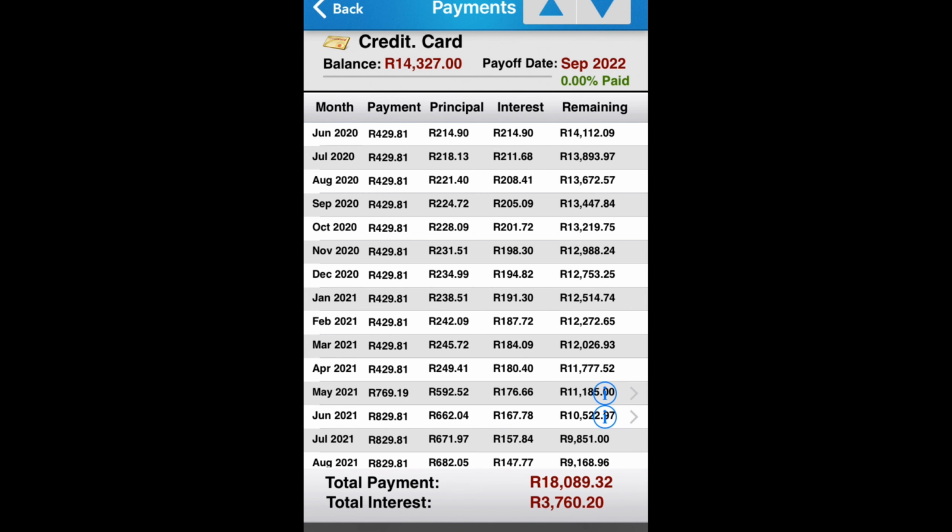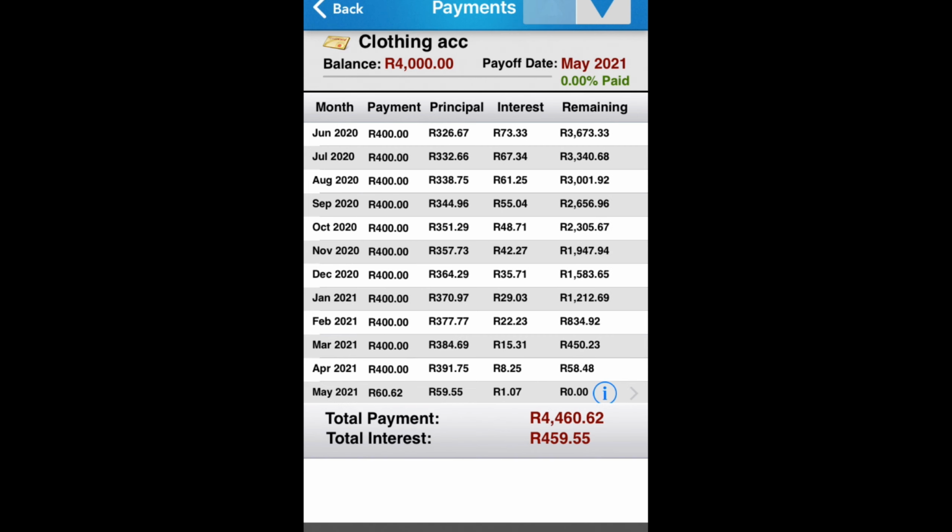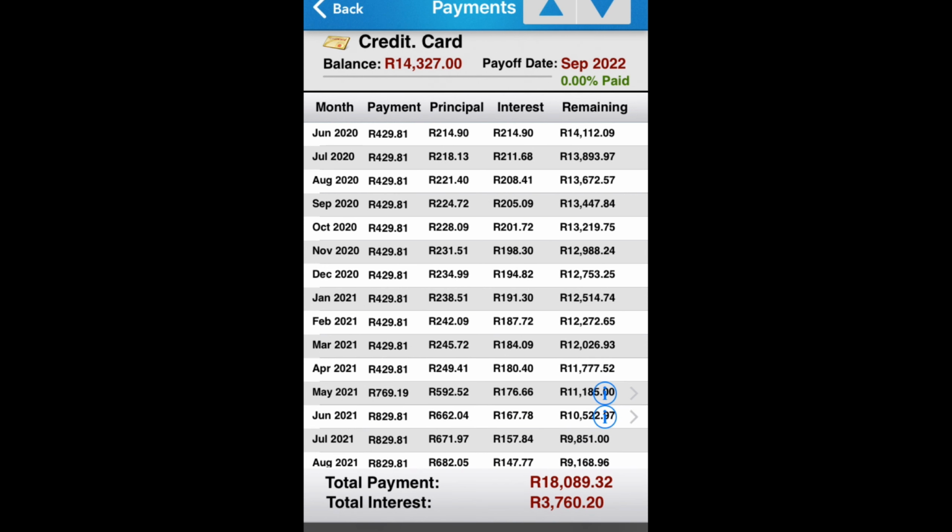Once you finish it, as you can see here on the credit card, you've been paying 429, 429, but from June you're adding whatever you've been paying on the clothing account. So the installment increases from 429 to 829. So you took that 400 that you've been paying from your clothing account to your credit card, sorry.